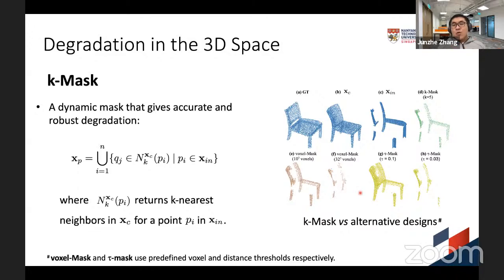Okay, which means if, let's say, we have high resolution voxels, then even the corresponding regions of the chair, for example the chair legs, are all filtered out, because we have too precise voxels. But if, let's say, we downgrade the voxel resolution, then we have only 10 times 10 times 10 voxels.